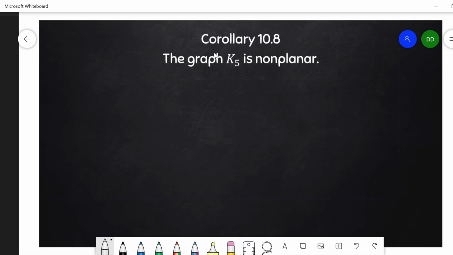K5 has m equal to 5 choose 2, so 10 edges, and n of course is 5. If we compute 3n minus 6, that would be 9. And so here we have m equals 10, which is greater than 3n minus 6.